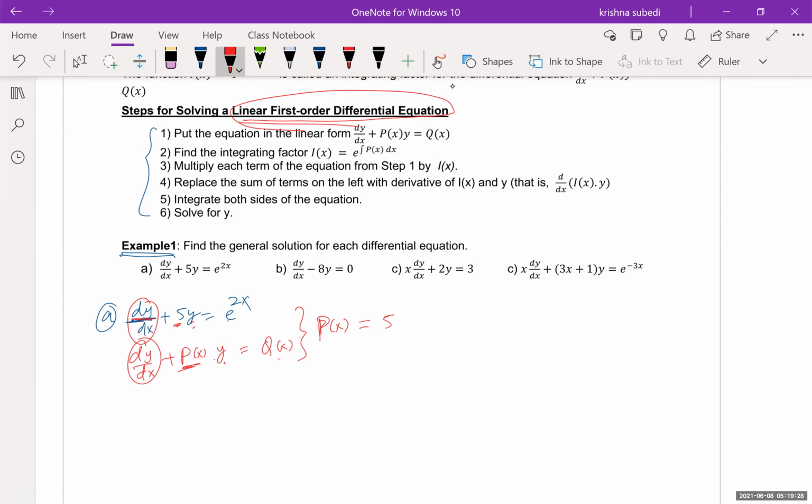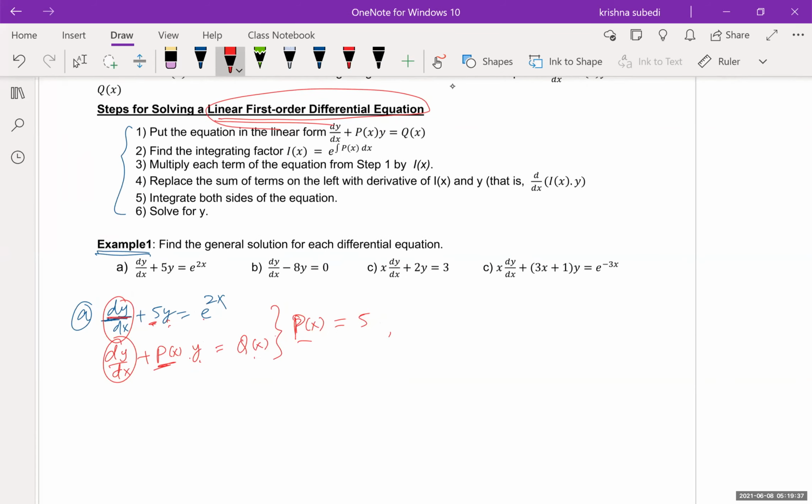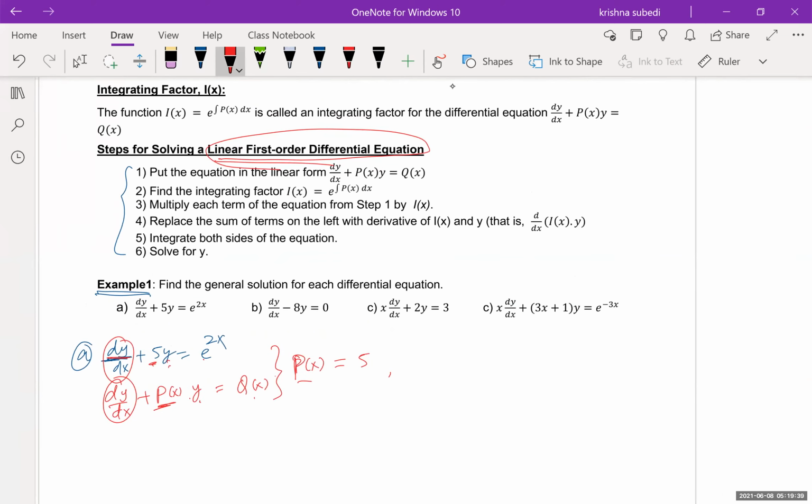All we need to know is what is P. We don't care about the other values. Step 1 is to put the equation in linear form. That's what we did.